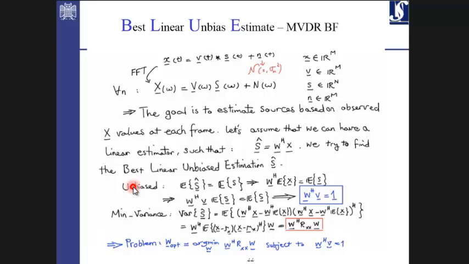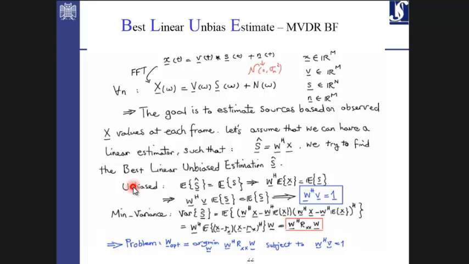And I write Hermitian because we are in the complex domain. Everything in the Fourier domain is complex. That's why I normally write Hermitian. If it was real, I could easily write it as transpose. When it's complex, the conjugate transpose is called Hermitian. Okay?